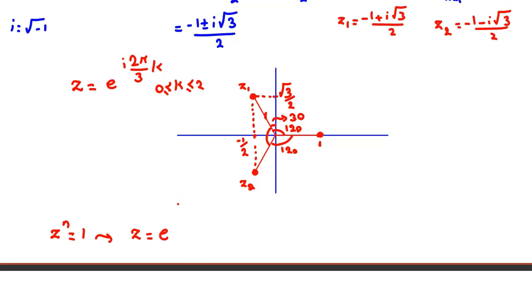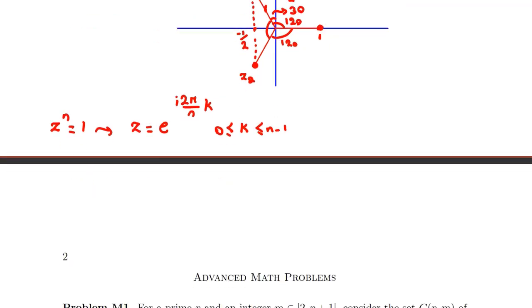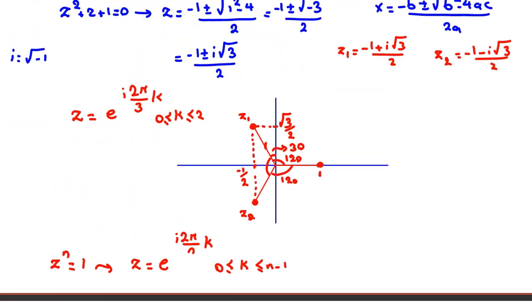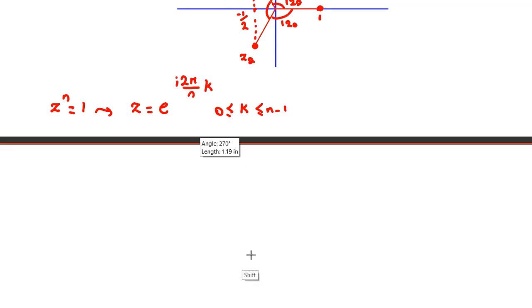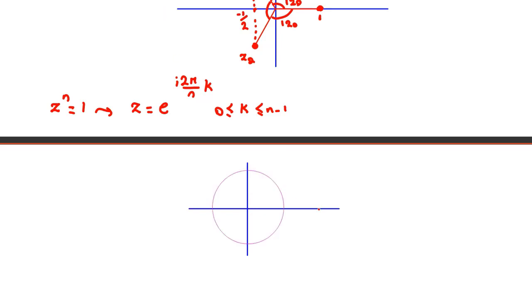Here it will be e to the i 2 pi over n times k, where k is from 0 to n minus 1. And if you want to show the diagram, let me open the page. It will be a circle with radius 1, and this point is 1.